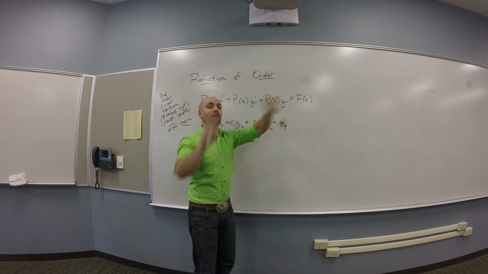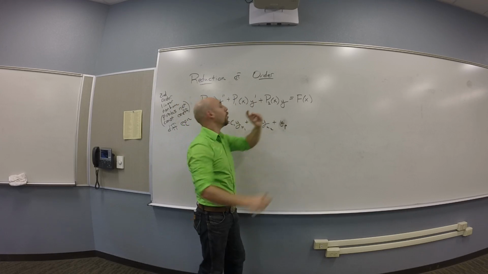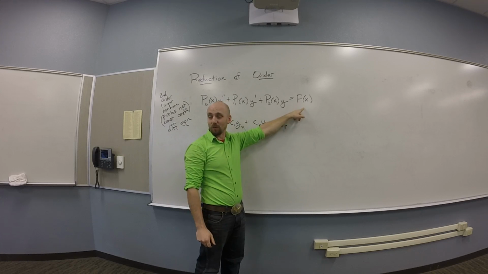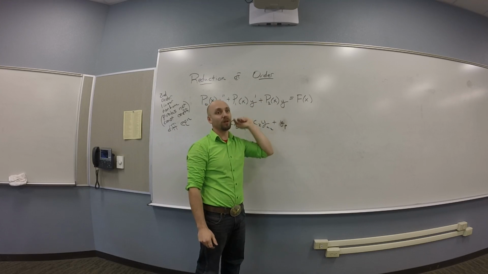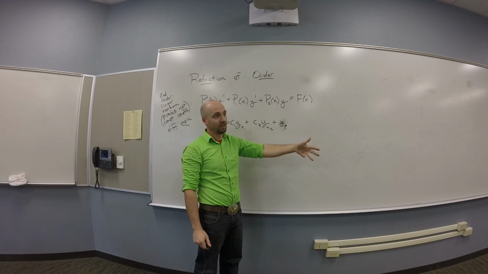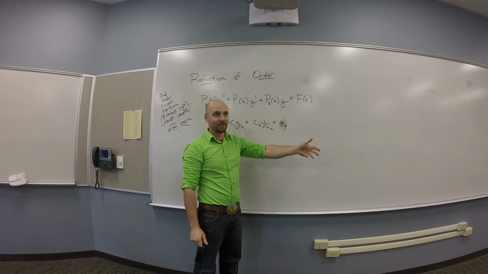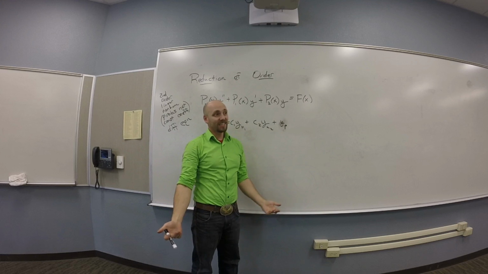Wait, hang on. Even if the coefficients are constant, what kind of f's can I make work? Only really specific ones, right? I need an exponential or a polynomial or a sine or a cosine. If there's a secant over there, you're just not going to get it to happen.